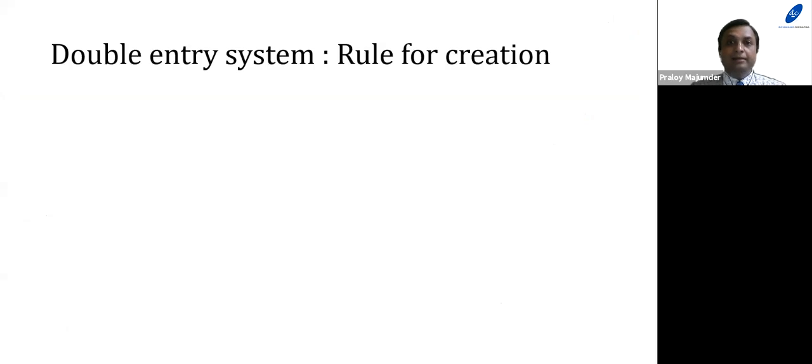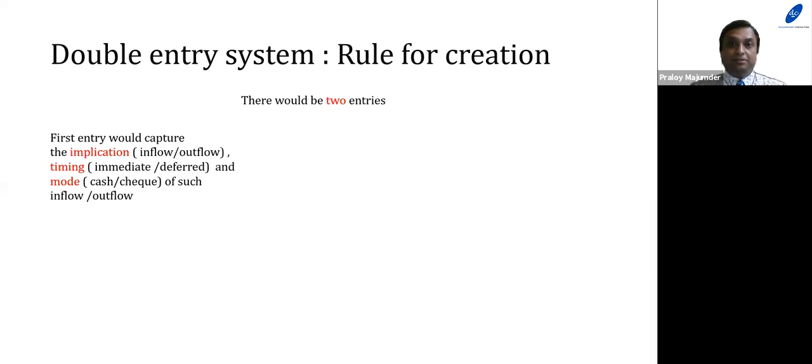By applying this very simple principle, we will see that every financial transaction can be converted into an accounting entry. As we have mentioned, there are two entries. What do these two entries signify? The first entry would capture the implication of the fund flow. Implication means, as we have discussed, every financial transaction has an implication of inflow or outflow of fund.